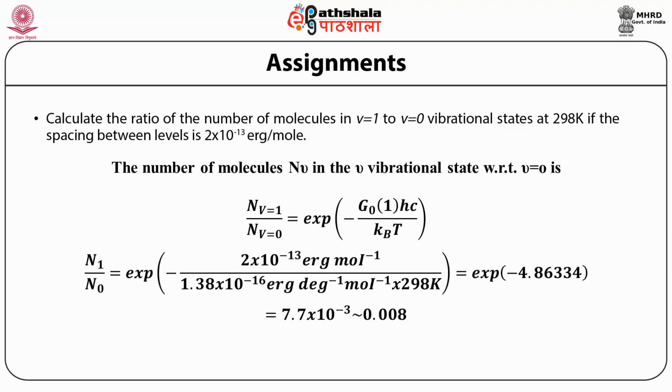So, we can write N1 upon N0 is equal to exponential, writing the value of this spacing given to be 2 into 10 to the power minus 13 divided by 1.38 into 10 to the power minus 16 erg per degree per mole into 298, is equal to exponential minus 4.86334, and the value comes out to be nearly 0.008, which means less than 1% of the molecules are in the nu equal to 1 state.